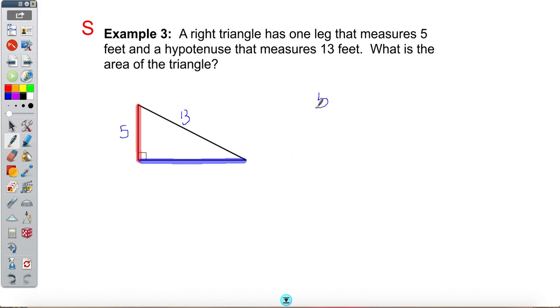So it's 5 squared plus b squared is equal to 13 squared.